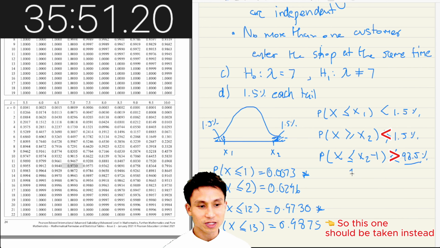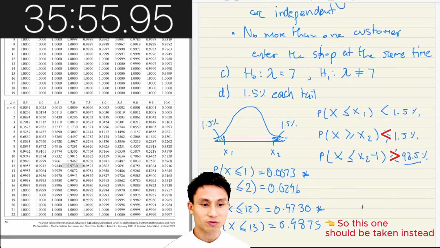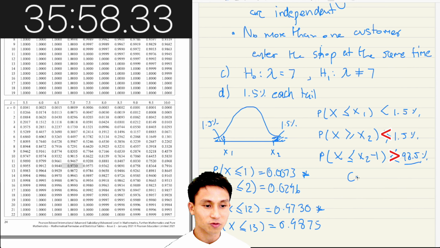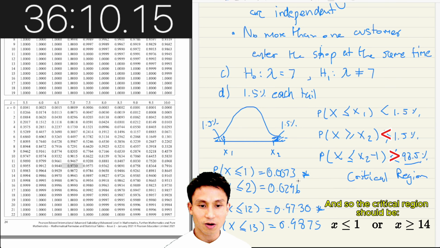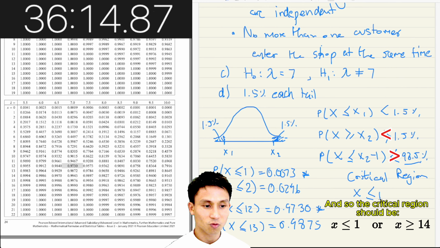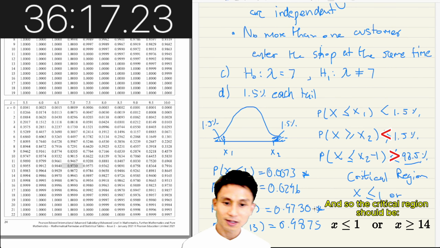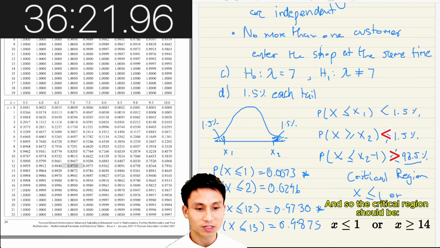But be careful. This one matches that one. It means that when you write the critical region, that one can be taken directly because we don't need to flip the sign, so that's fine. So X less than or equal to 1. Or the other one here, because this percentage is less than 98.5%, we got to take the x2, actually.